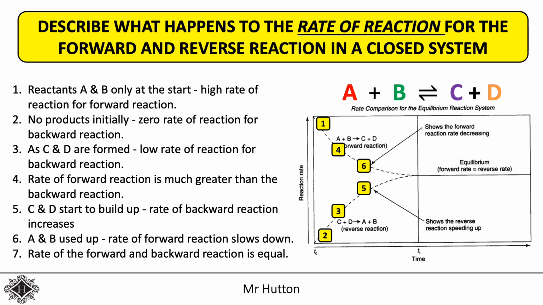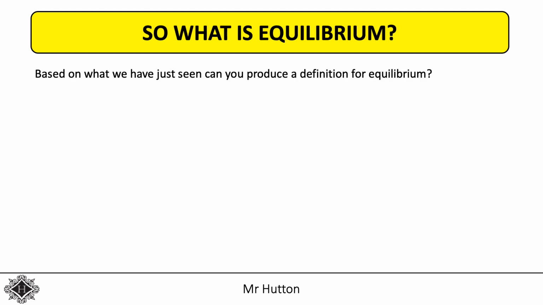A and B are being used up even more now, so the rate of their reaction starts to slow down. And then ultimately both reactions slow down to reach a point of equilibrium where they're at the same rate. You might want to watch through that slide again, because that was quite complicated, so do go back and re-watch that if you need to.